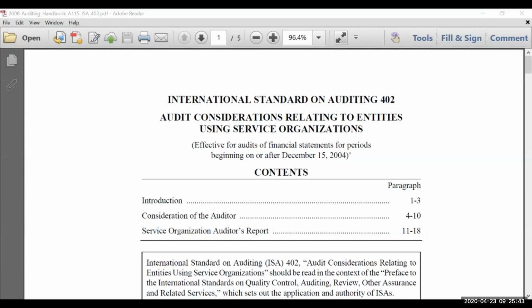But what if now they want to use an expert, but this expert is an expert in accounting or audit matters, and their work is going to be useful when preparing the financial statements. Let me give an example. If we have an organization where they sublease the payroll to a third party, so the company does not prepare its payroll, the payroll is being prepared by an external party.